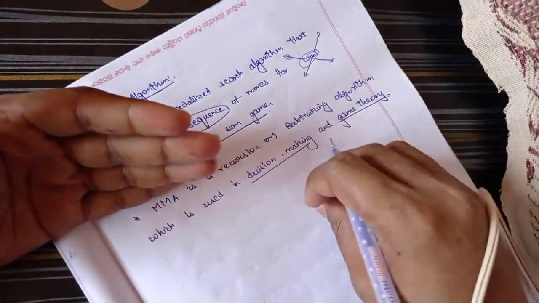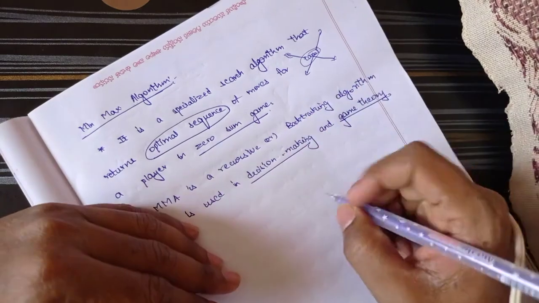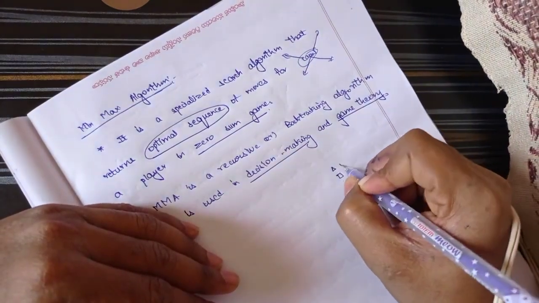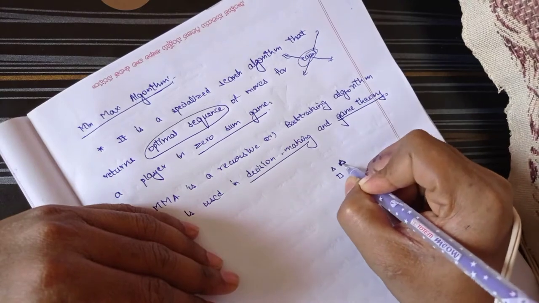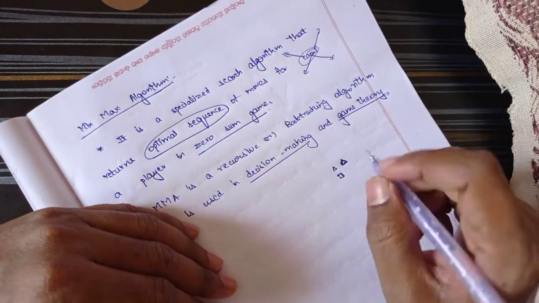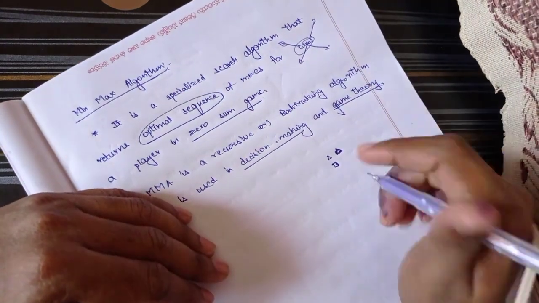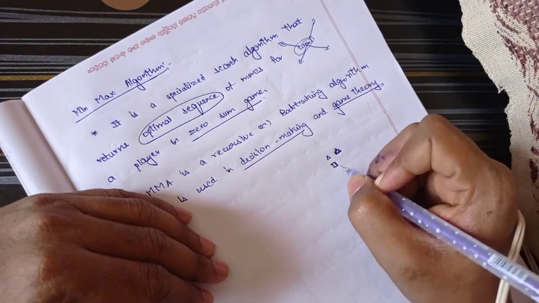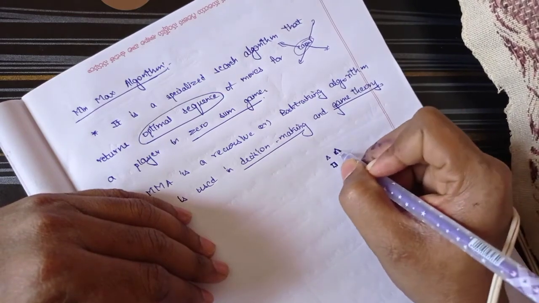For example, when you are moving a soldier, this is a soldier of yours, and this is a soldier of your opponent. There are many possibilities: we can stay here, or we can kill this soldier.